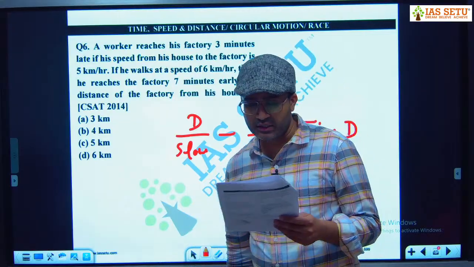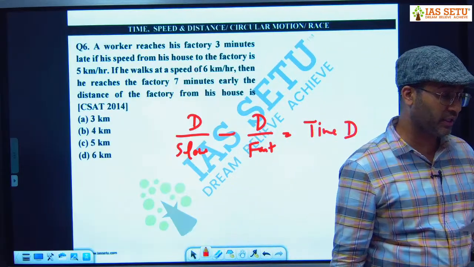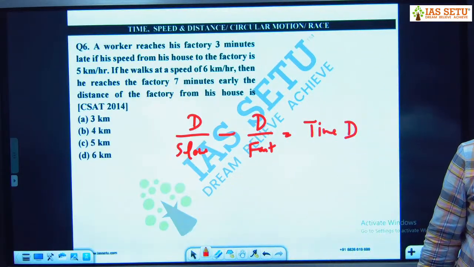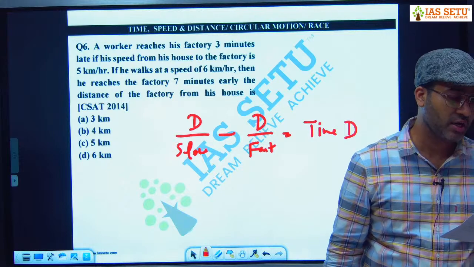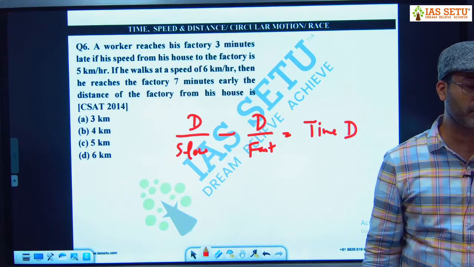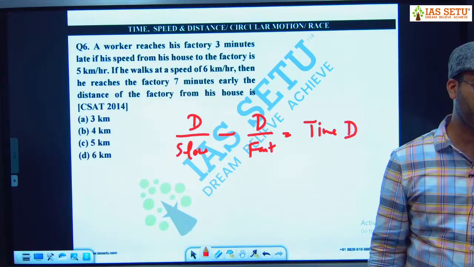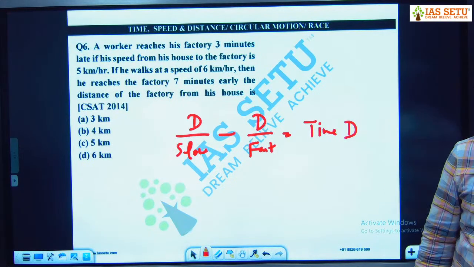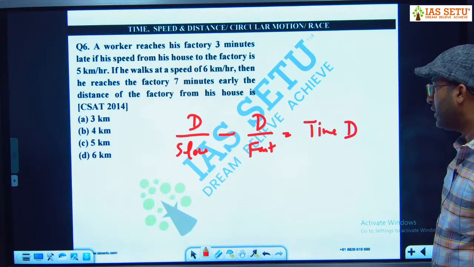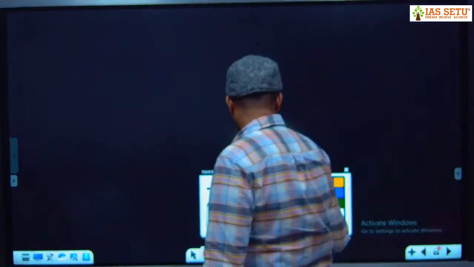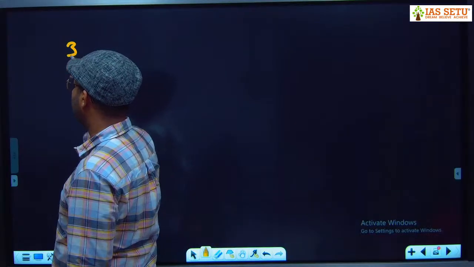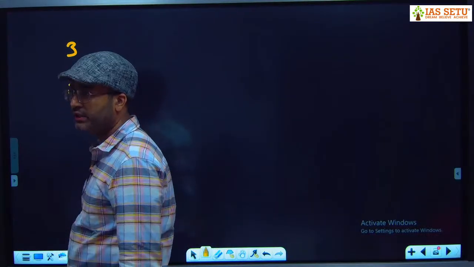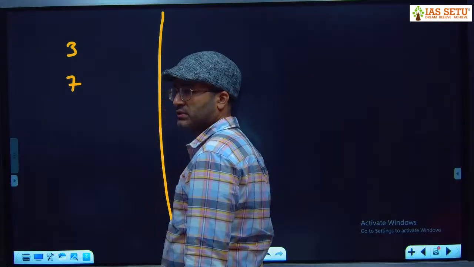A worker reaches his factory 3 minutes late if his speed from his house to factory is 5 km per hour. When he walks at a speed of 6 km per hour, then he reaches the factory 7 minutes early. The distance of the factory from his house is. So first day he is 3 minutes late. Next day he is 7 minutes early. Tell me what is the time difference.